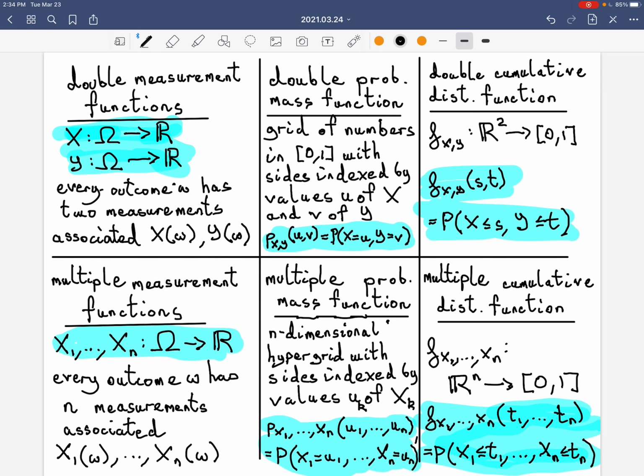But all we're going to do with multiple probability mass functions in this course is going to be in 2 or 3 dimensions, and all of the computations will involve something like at most 10 data points.